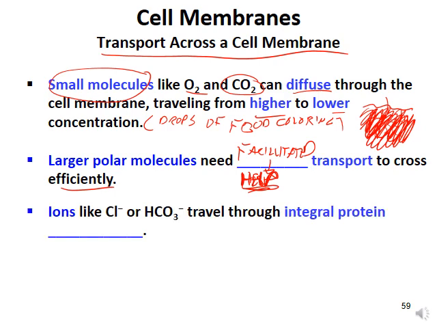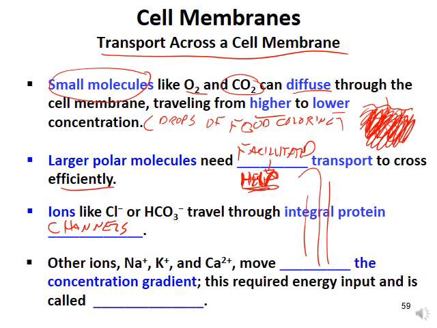And ions travel through protein channels. Sometimes ions have to go, and they can just go right through that hole, sort of, that the protein channel has.